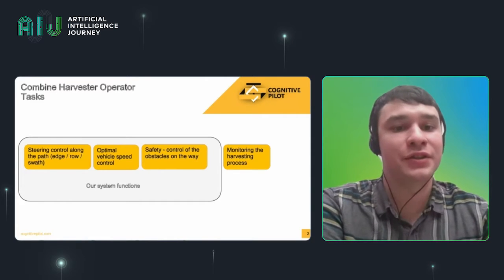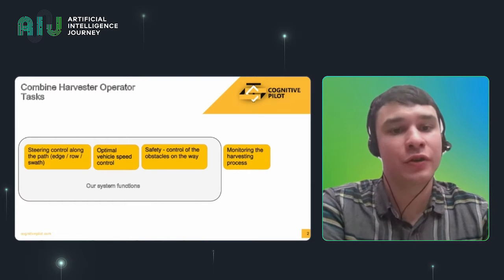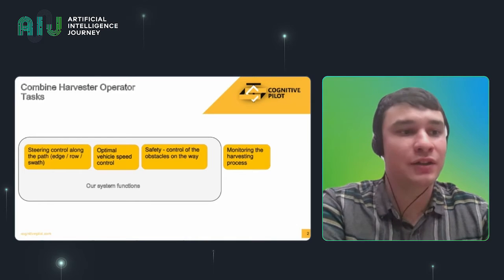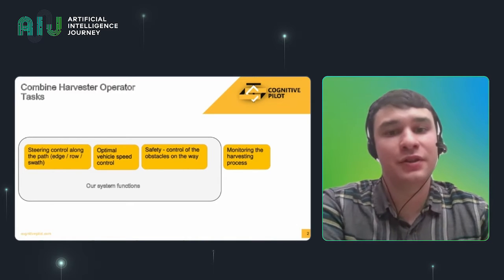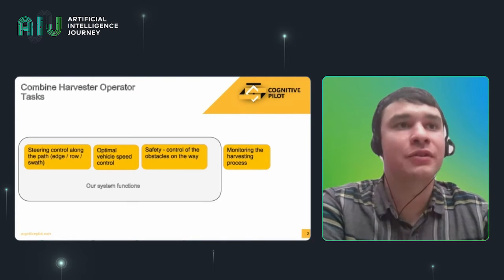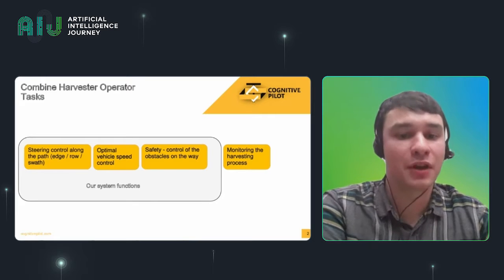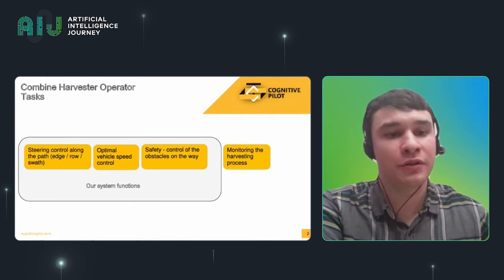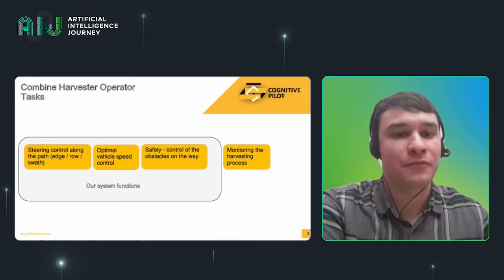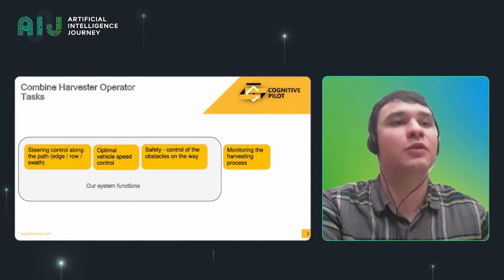The next task is the steering control along the path, crop edge, rows for corn or sunflowers, and so on. And another important case, of course, is the safety control of the obstacles in front of the vehicle and so on. So our product, CognitiveAgroPilot, automates the tasks connected with the vehicle motion.